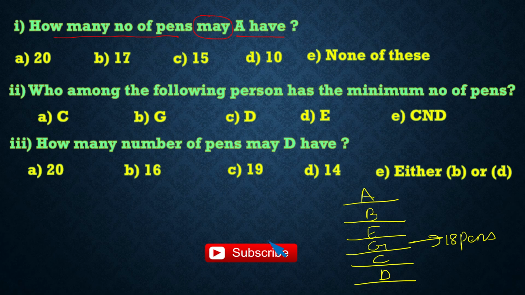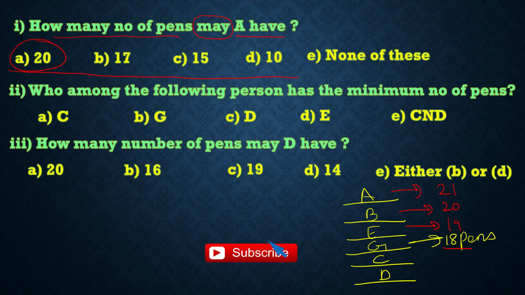You know that G is having 18 pens, correct? And maximum number in these options is 20, correct? So if G is having 18 pens, E can have 19 pens, B can have 20 pens. Then A should have 21 pens.